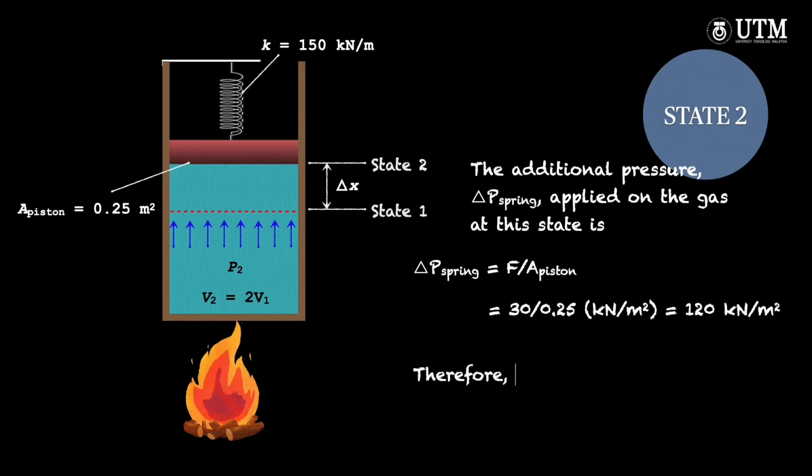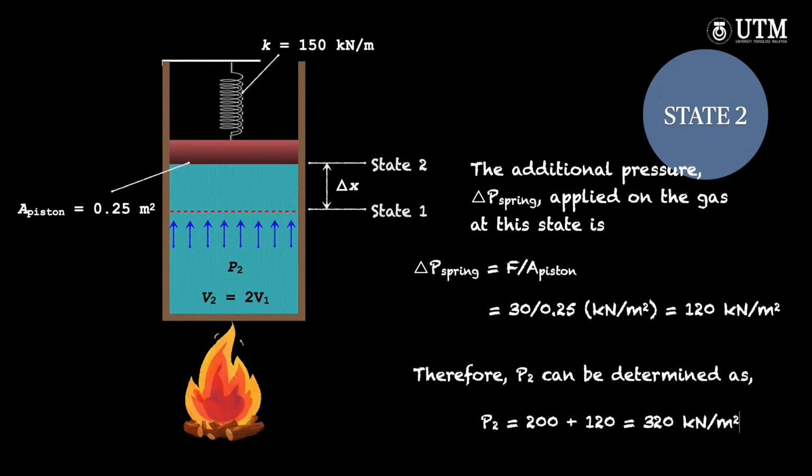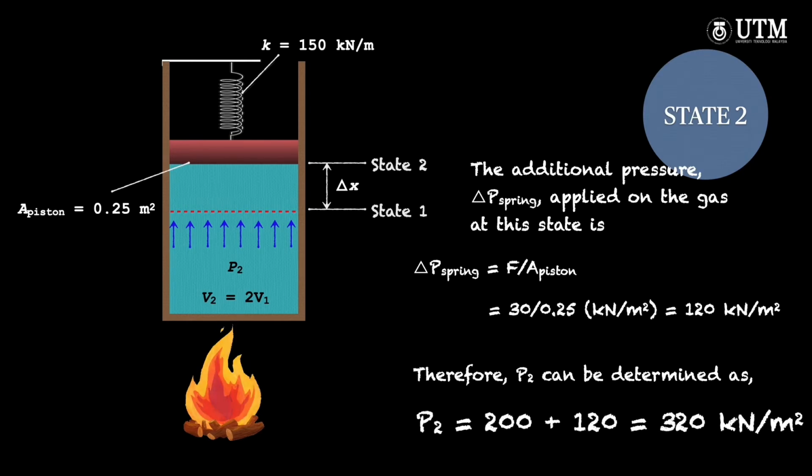Once we know the force, we can calculate ΔP_spring and eventually the absolute final pressure of the gas is 320 kilonewtons per square meter.